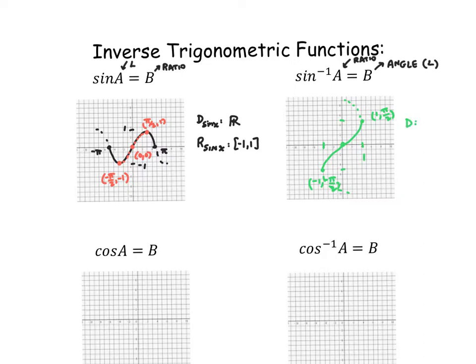The domain of the inverse is going to be the same as the range of sine x, which is -1 to 1. The range of the inverse isn't going to be all real numbers because it would no longer be a function. Therefore, it's going to go from -pi/2 to pi/2. So there we have inverse sine.